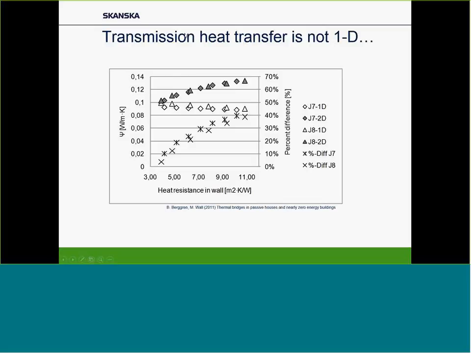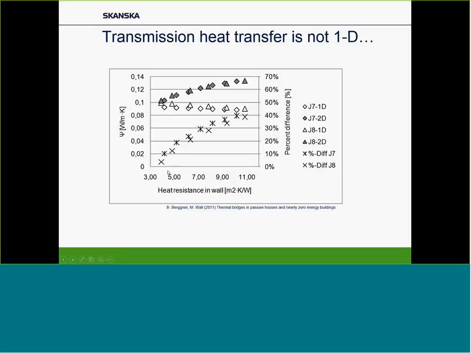And what you can see in the dark gray dots is the actual value when we consider a two-dimensional heat flow. And what you can see is that these two differ.